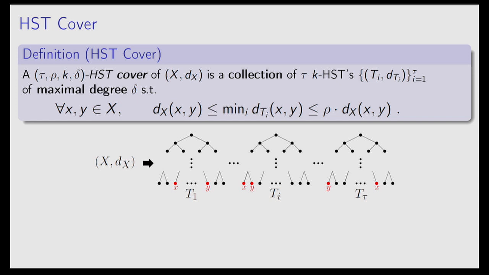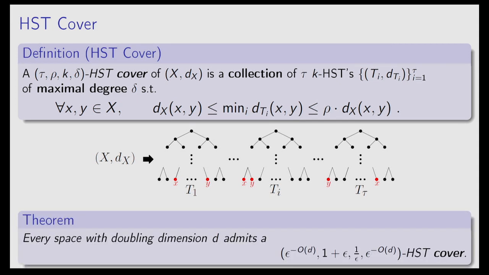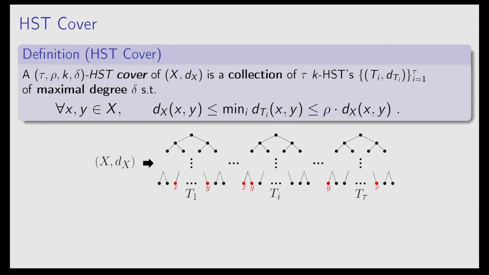However, an HST cover is just a collection of HSTs such that every pair of nodes is satisfied by one of them. That means that you have 4 parameters here. Tau is the number of HSTs, and you have this k, so you want them all to be k-HSTs of maximum degree delta. And the guarantee is that for every pair of points x and y, there will be some HST such that the distance in this HST is at most rho times larger than the original metric distance.